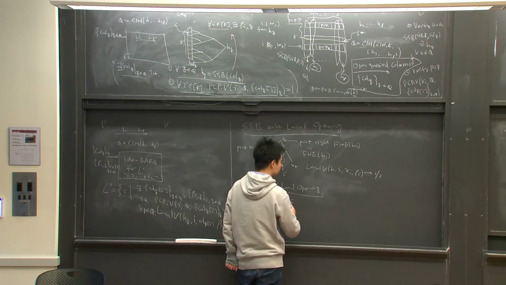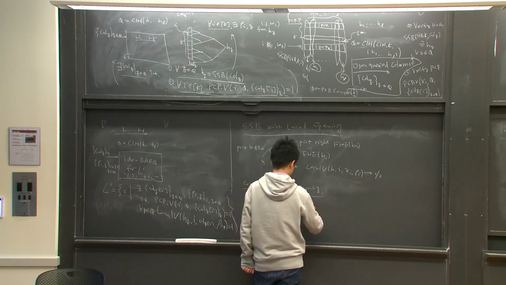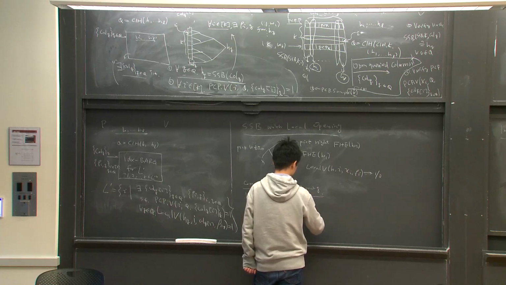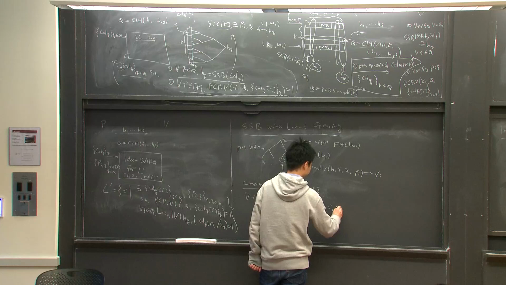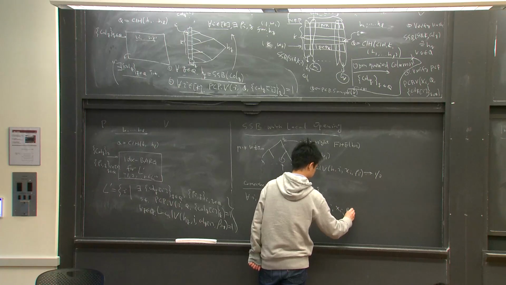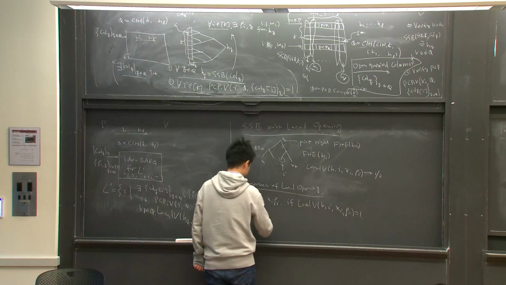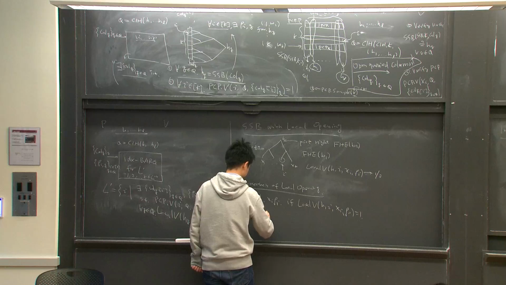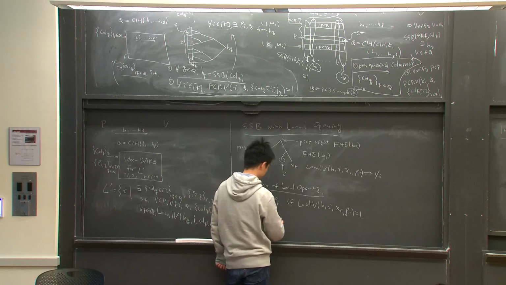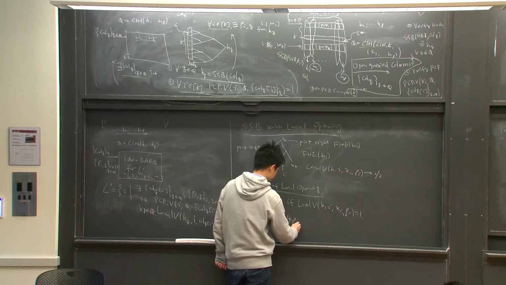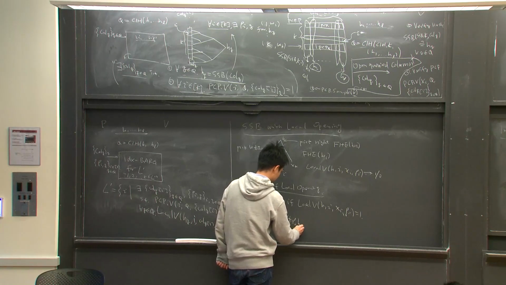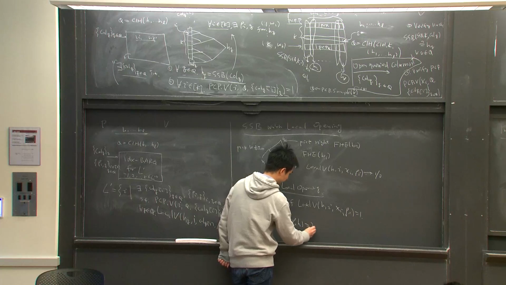Okay, and the local opening property says that for any index I, h, xi, and rho I, if this local verification passes, then it must be the case that the extracted value of the hash equals this xi.